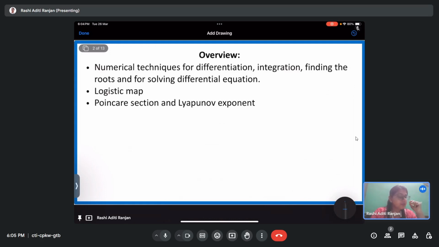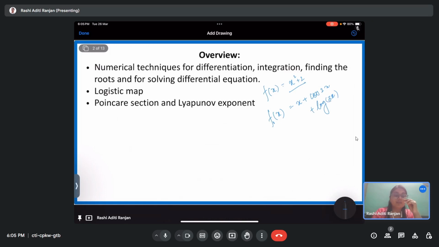For example, if I talk about finding the root of an equation, I can consider a polynomial, maybe x square plus 2. It is easy, I can compute its root. But what if I talk about a function f1 of x, something like x plus cos 2x plus log of 3x?